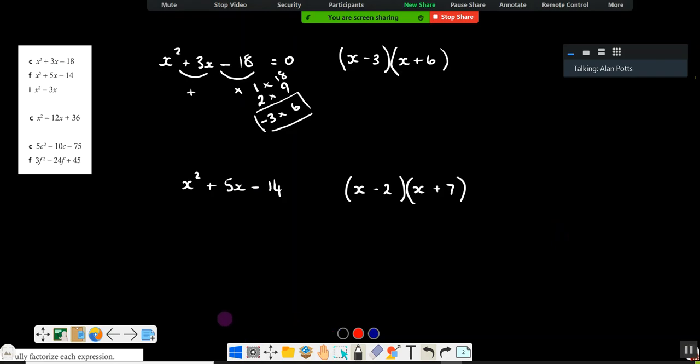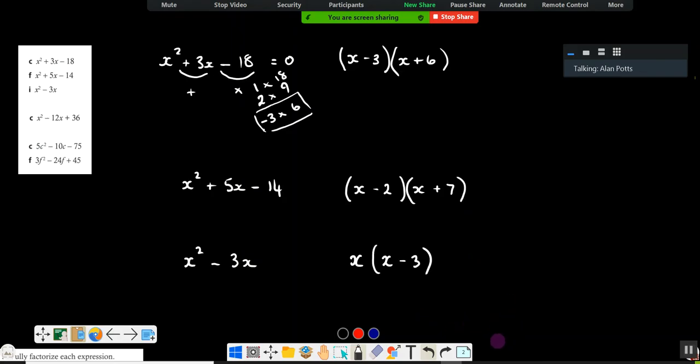Okay. What about this one then? I was interested in this one. x squared subtract 3x. We just have to make it fit with the 3x. x brackets x plus 3, or x minus 3. Yeah, good.